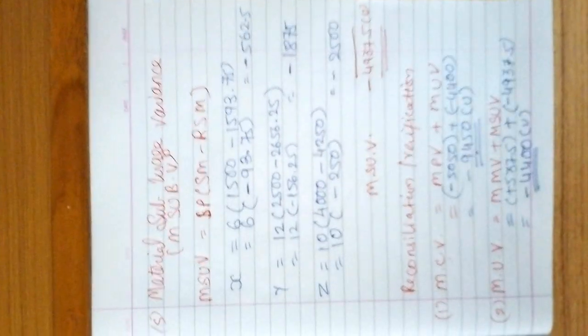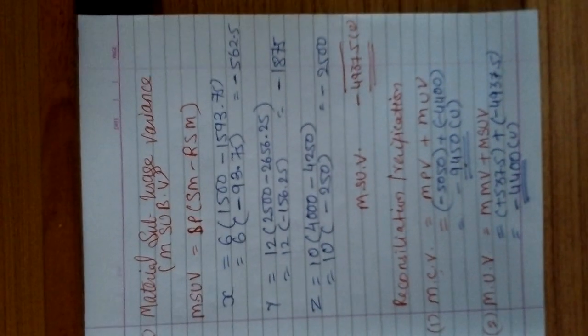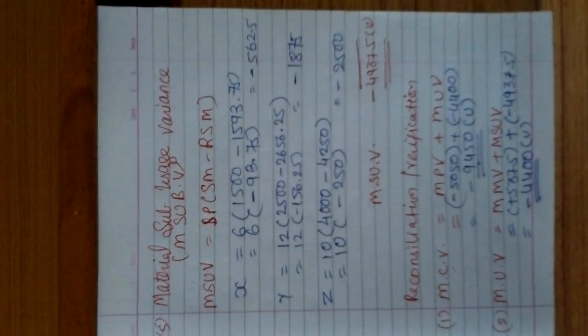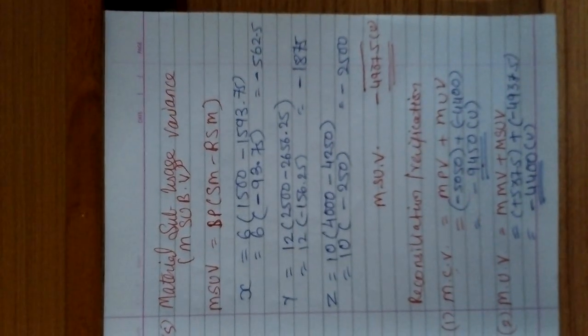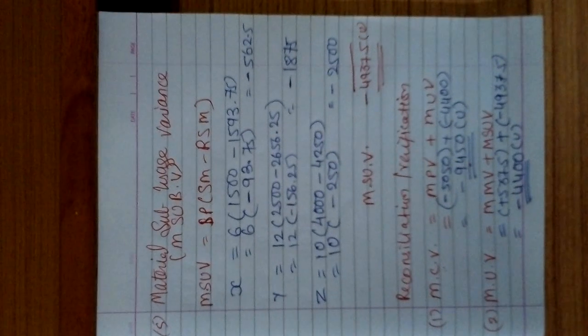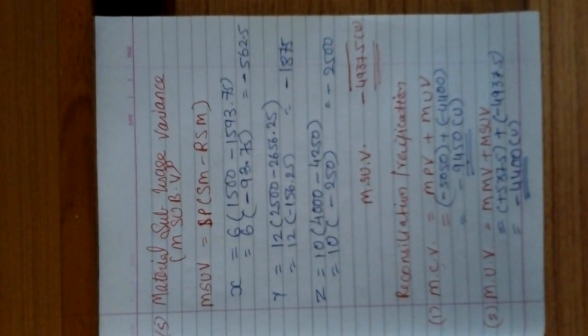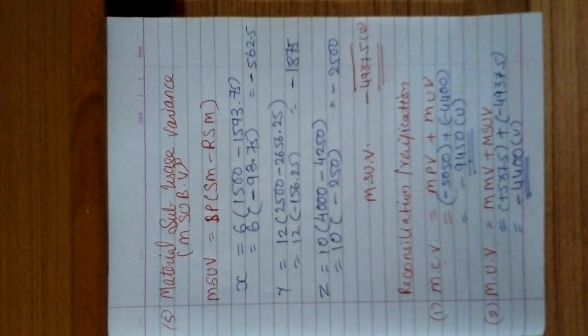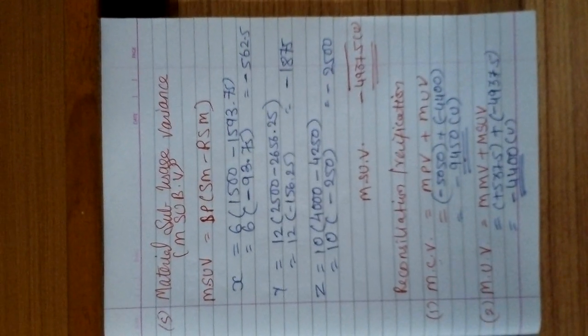And last, material sub-usage variance. And reconciliation as well. Okay, so this is how we can solve this example. Fine. I hope you have understood it very well.